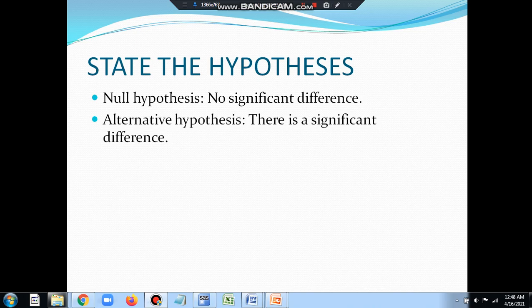In this scenario, we are looking at the difference between measurement 1 and measurement 2, and the null hypothesis states that this difference is 0. On the other hand, the alternative hypothesis states that this difference is not equal to 0. Depending upon whether we are performing a one-tailed or two-tailed test, we will write the alternative hypothesis accordingly.